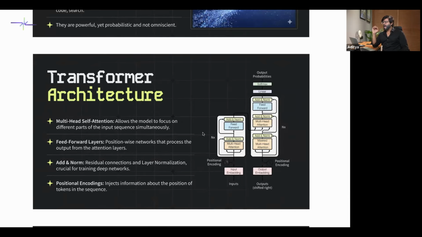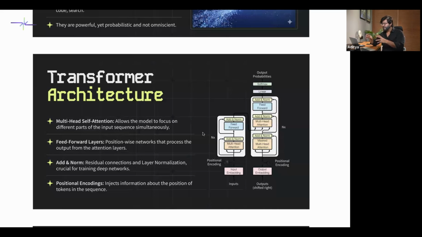What we are doing is adding residual connections and layer normalization, so the model trains more stably. Whenever we use the word normalization, just remember that we're talking about some kind of stable direction we are going towards. So residual connections and layer normalization is one of the next steps.